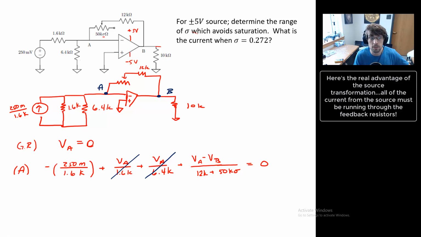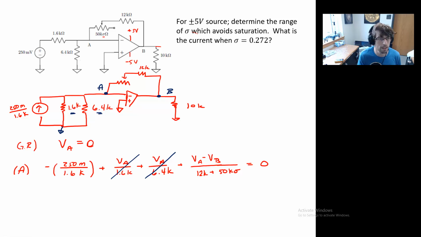VA is 0, and so you have a potential drop of 0 across both of these resistors. Remember that this bottom loop is grounded, so the top loop's grounded, the bottom loop's grounded. You have 0 current flowing through those resistors. Cool. All right, how about node B?